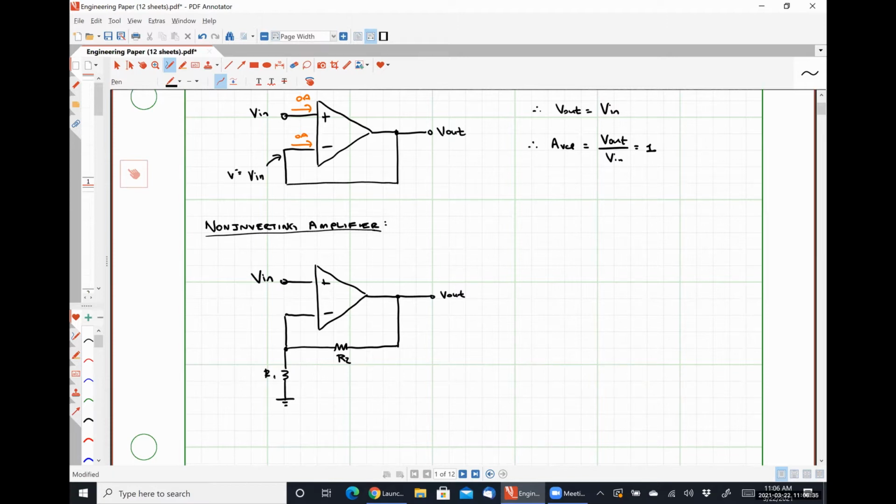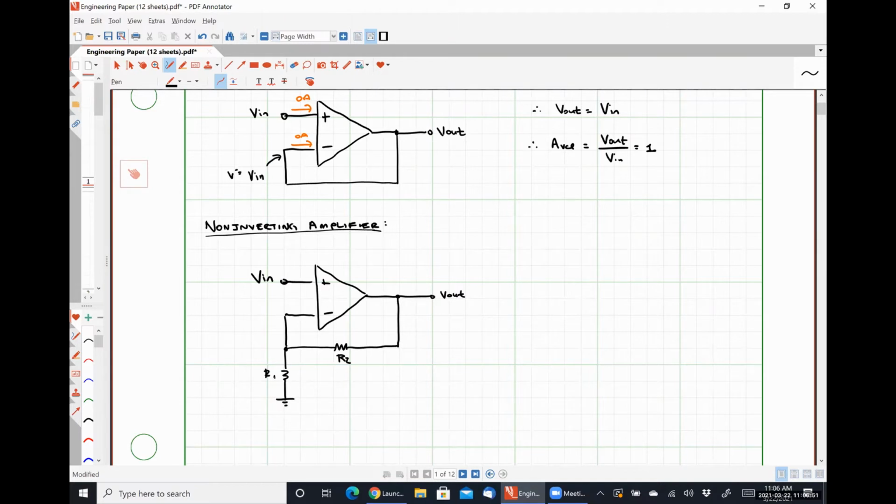So if I didn't have that resistor R1, this would literally be the exact same thing as a unity gain buffer. Because no current could be flowing through that resistor R2, so the output would be exactly equal to the input.